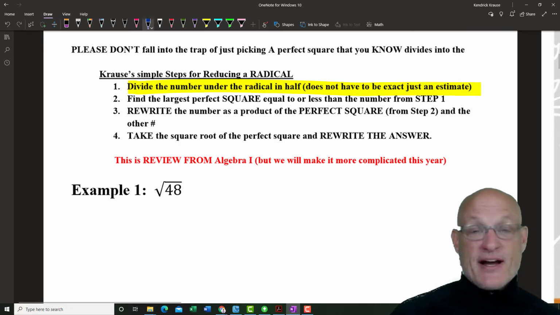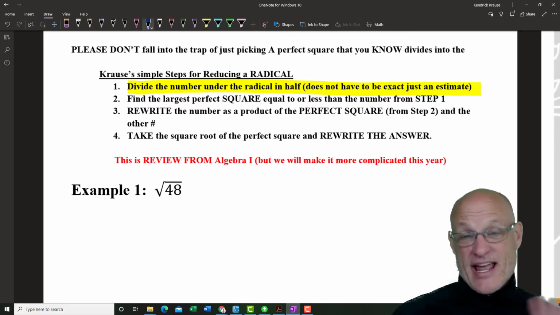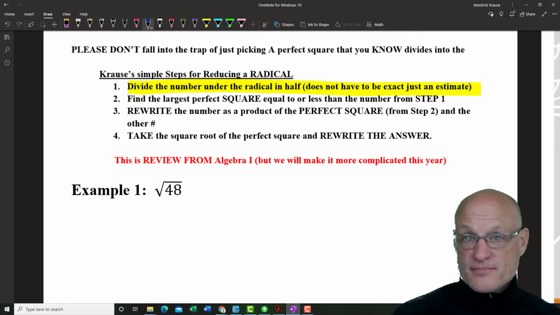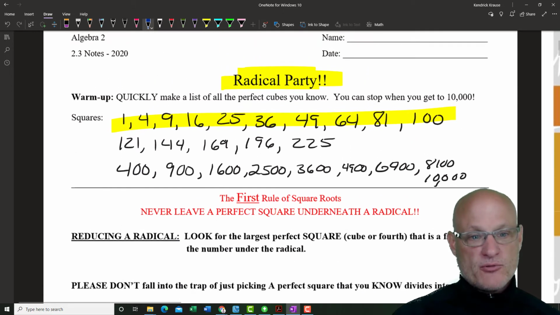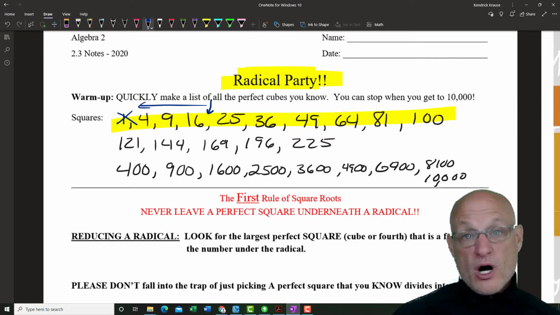So if I take 48 and I cut it in half, it's 24. 24 is not a perfect square, but it gives me the place to start looking on my list. So 24 is right here. So I only need to worry about these numbers, and you never need to worry about 1 when we're simplifying radicals because 1 is boring. So it's either 4, 9, or 16, and we're going to try the largest number.